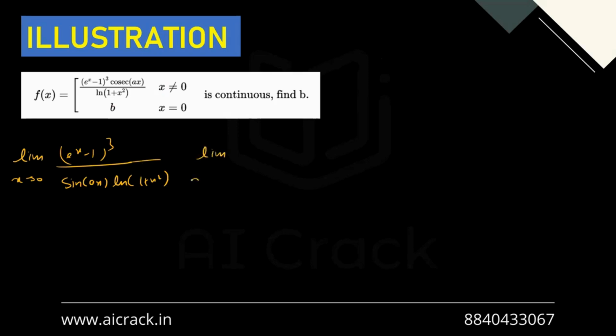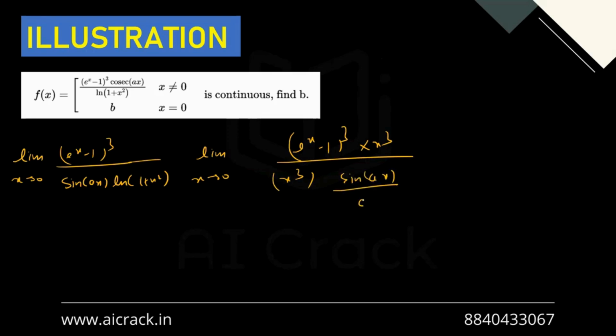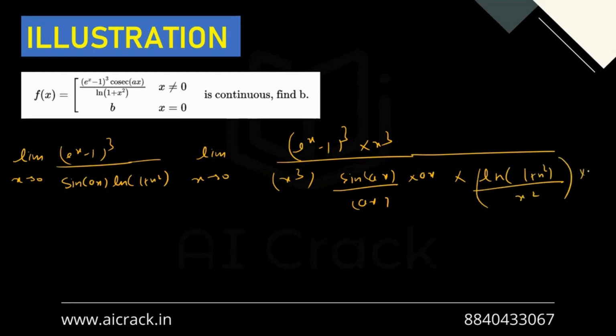So we have limit x approaches 0 of (e raised power x minus 1) whole cube. We'll be writing (e raised power x minus 1) whole cube and multiplying and dividing by x cube. Right? Now we have sine ax over here. So what we'll be doing? Again multiplying and dividing by ax over here. And for ln of 1 plus x square, we'll be multiplying and dividing by x square.